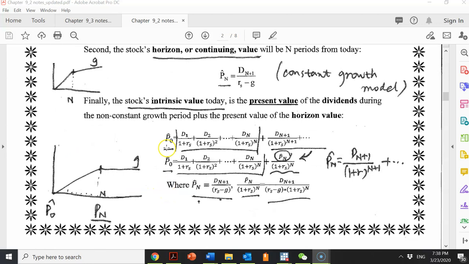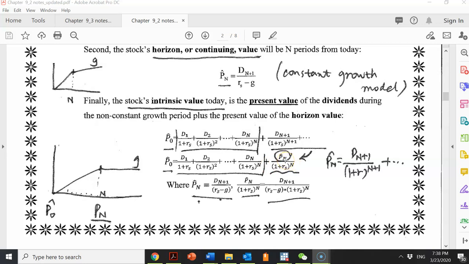So P0 becomes, first we discount D1, D2 to Dn. That's the discounted value added together for the first stage. For the second stage, dividends start from Dn plus 1 and goes on forever. And all these discounted value to time n is Pn. Pn equals to all the discounted value of the dividends in the second stage.